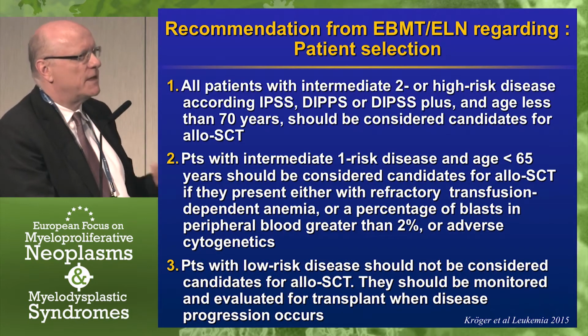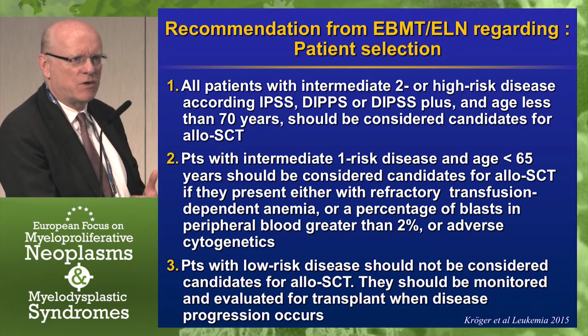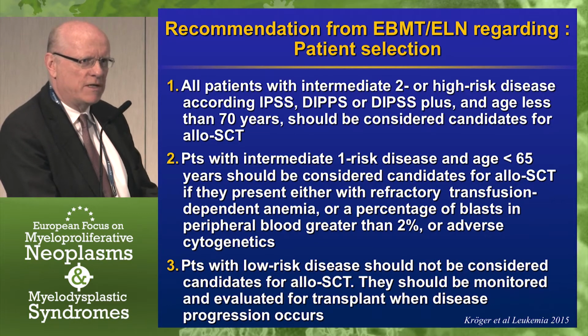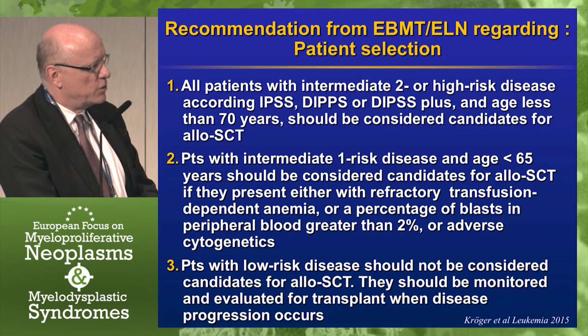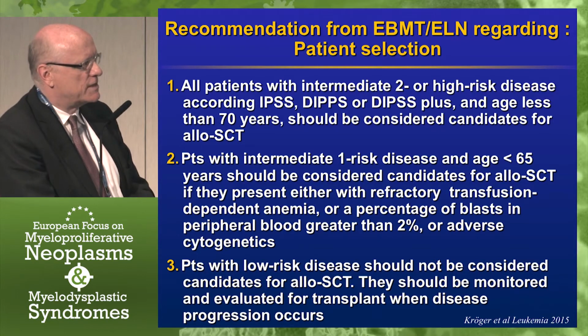So what we did within the European LeukemiaNet and within EBMT, since there is no randomized trial and no evidence base from randomized studies, was a so-called consensus with different methodologies. This was published recently, with a lot of experts from the US and from Europe.